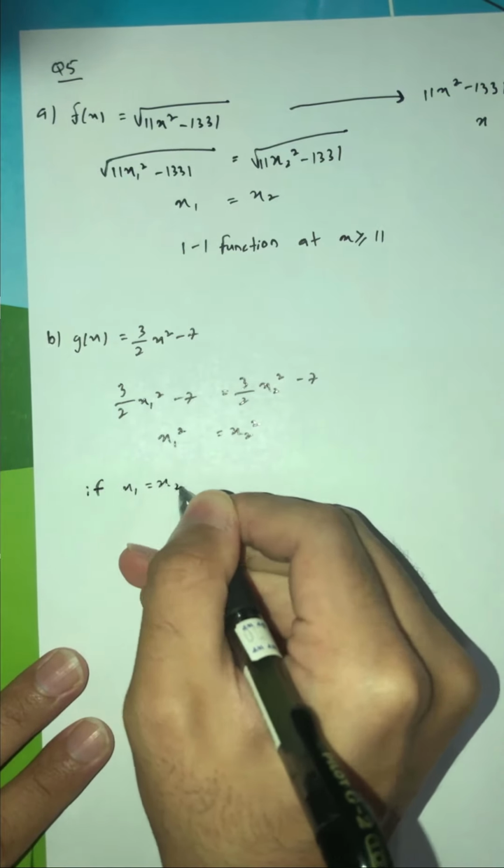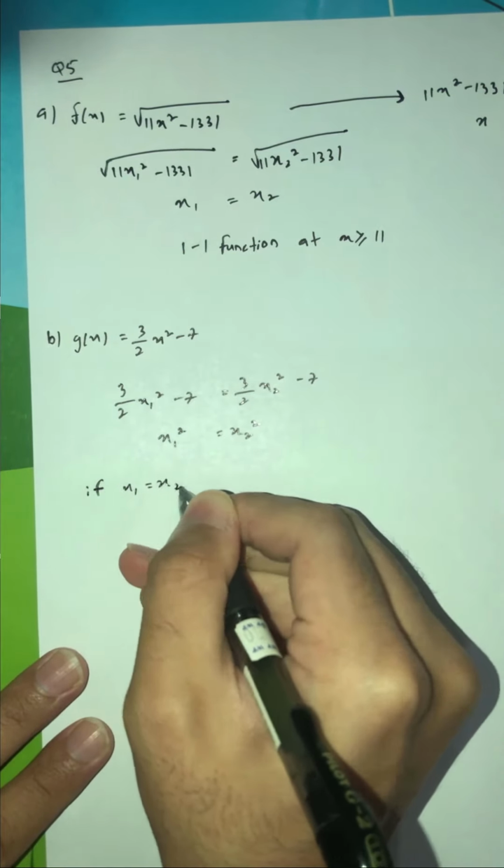But what if x1 equal to -1 and x2 equal to +1, you still get 1 equal to 1, right? It will be -1.